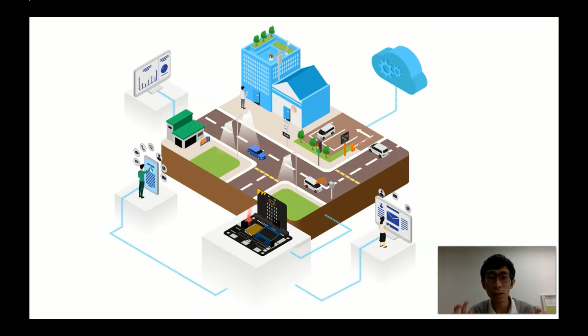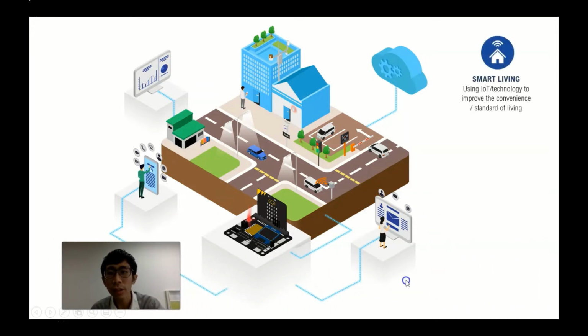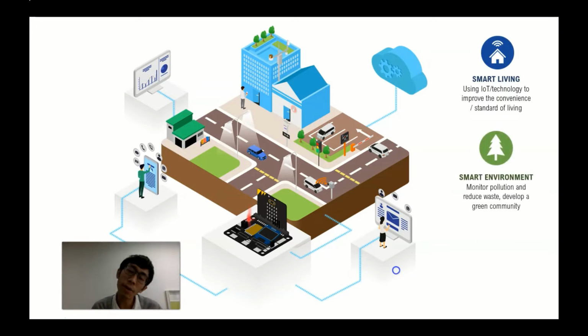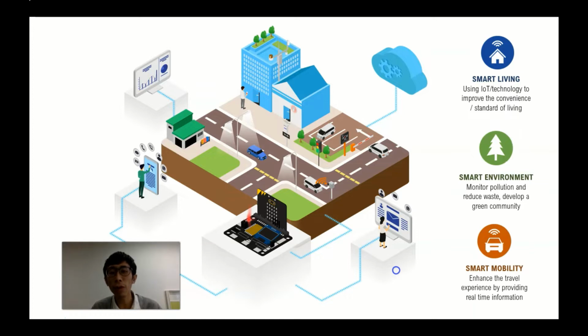This is a very great point I would like to tell you guys about. And with this kit set, going back to here, there are 3 areas the student can make: smart living, smart environment, and smart mobility. Of course, the city can have different things within these 3 smart areas.